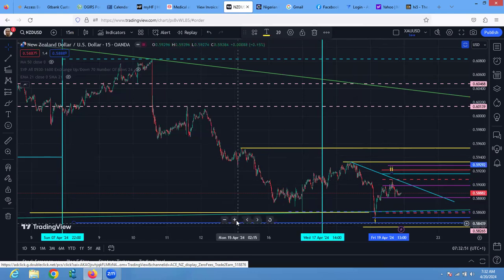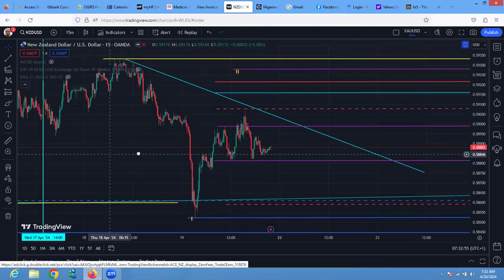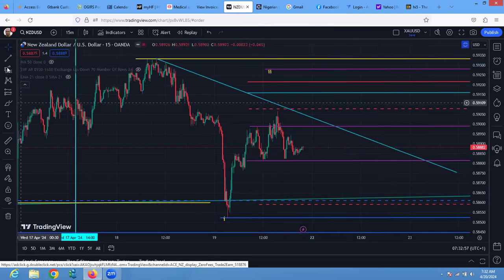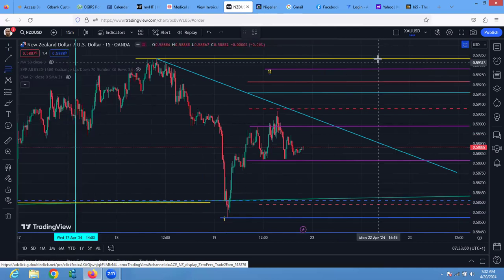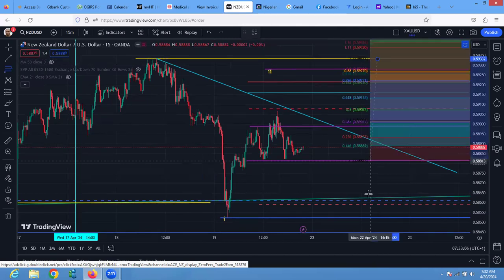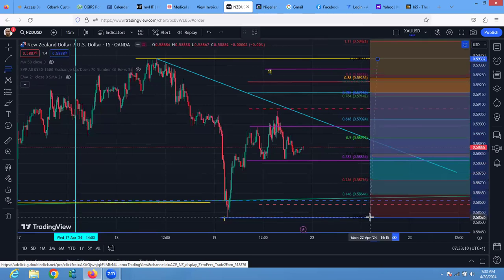So if I zoom in on NZD USD, where we don't want to take is still 88 retracement to the upside. Once we approach that, we know that we are going up. Price may break up.